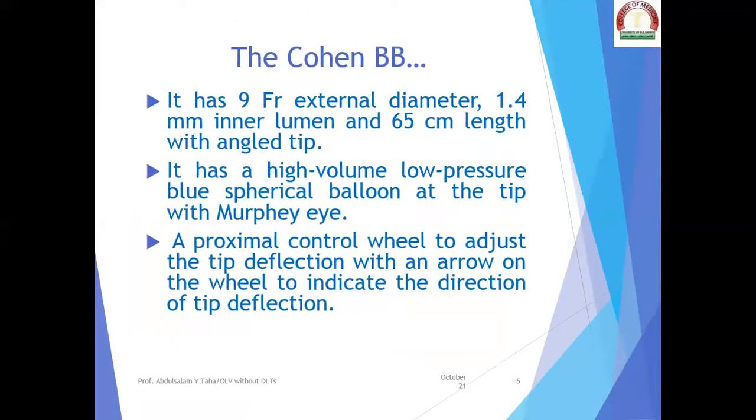So the Cohen bronchial blocker has a 9 French external diameter, 1.4 millimeter inner lumen, and 65 centimeter length with angle tip. It has a high volume, low pressure, blue spherical balloon at the tip with Murphy eye designed to ventilate the right upper lobe. It has a proximal control wheel to adjust the tip deflection with an arrow on the wheel to indicate the direction of tip deflection.